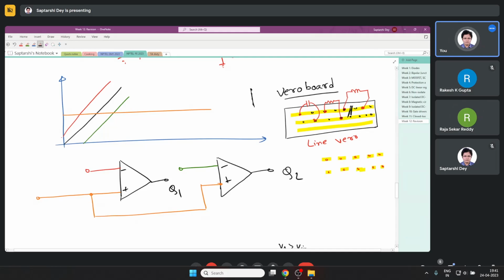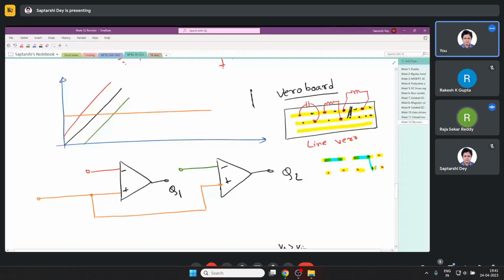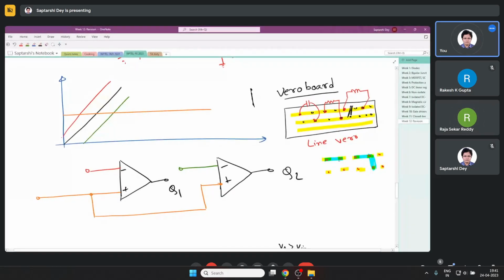In line Vero, you do this. In dot Vero, you put the components and then manually short them using solder the way you want. So dot Vero takes a smaller space than a line Vero.